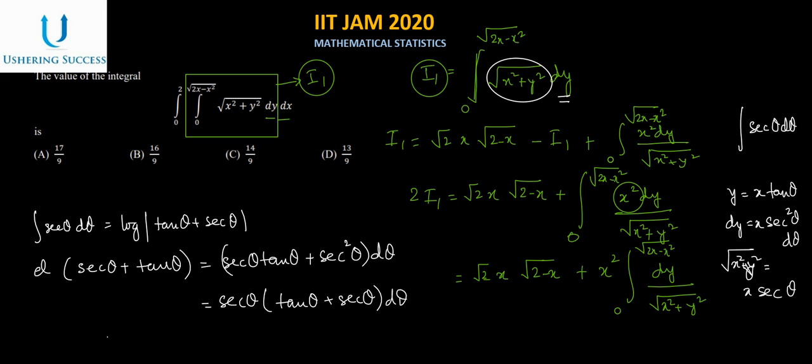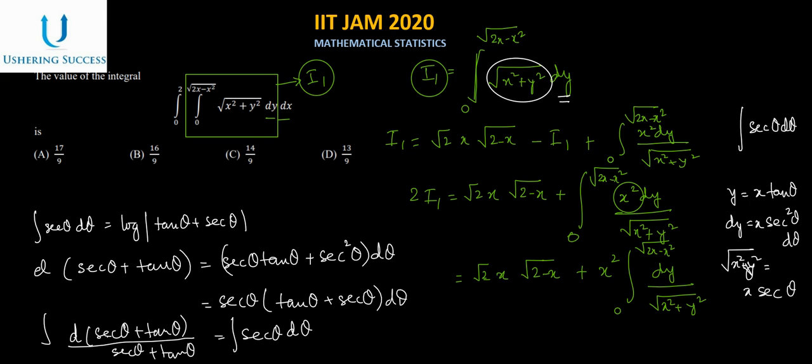That means d of sec theta plus tan theta over sec theta plus tan theta is equal to sec theta d theta. So if I integrate both sides, the left hand side would give me log of sec theta plus tan theta, which is integral of sec theta.